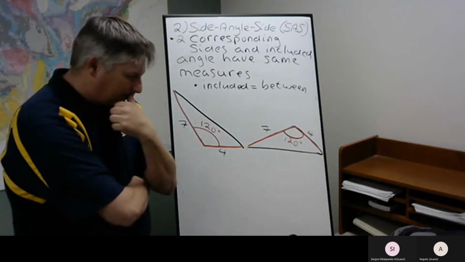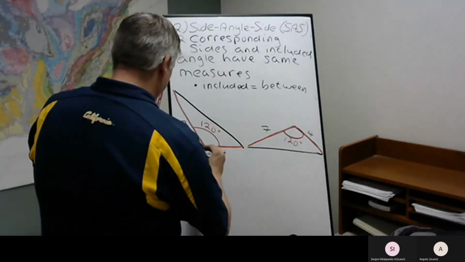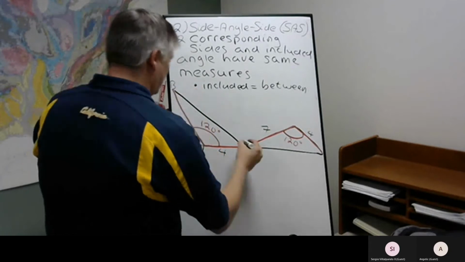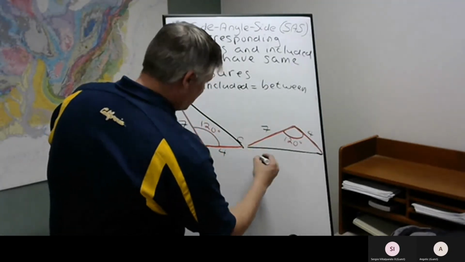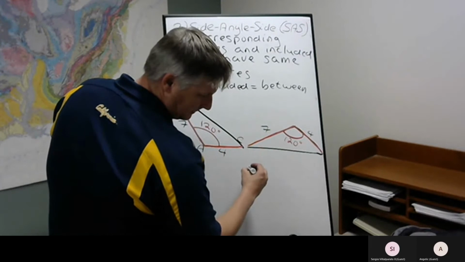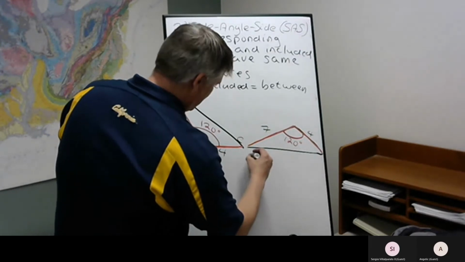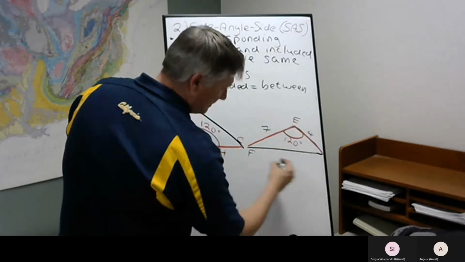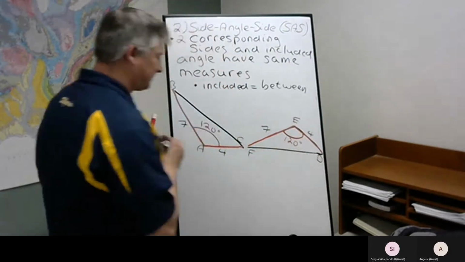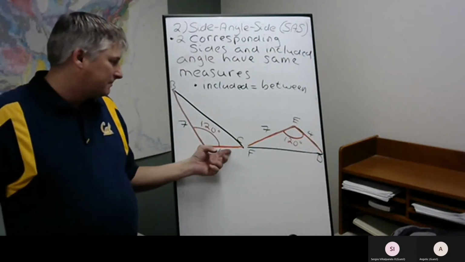So what we can do, and I'll label the points here. This is A, B, C, and then this one we'll call F, E, D. So we can call this a base.